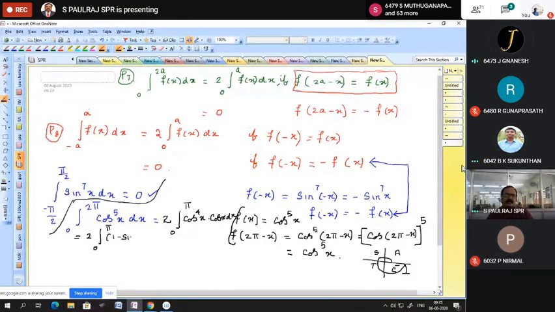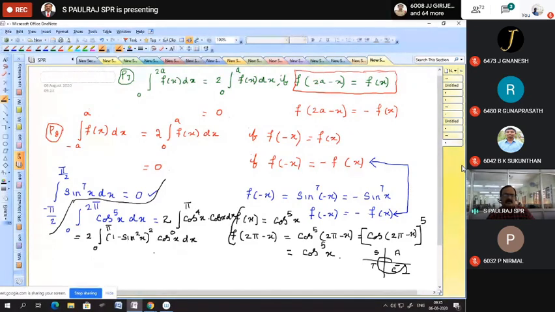Don't use the property again; use 1 minus sin squared. In a UPSC exam you can use it, no problem.